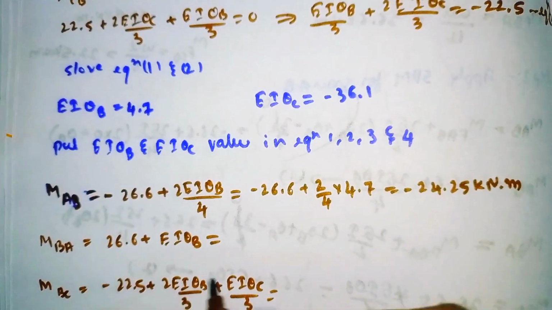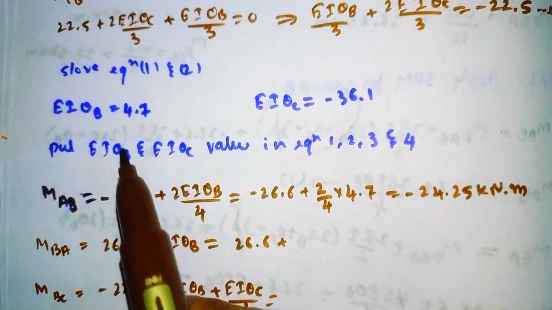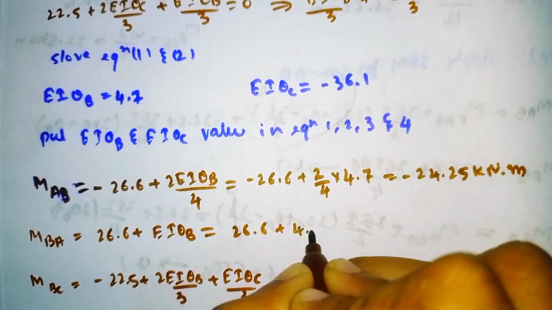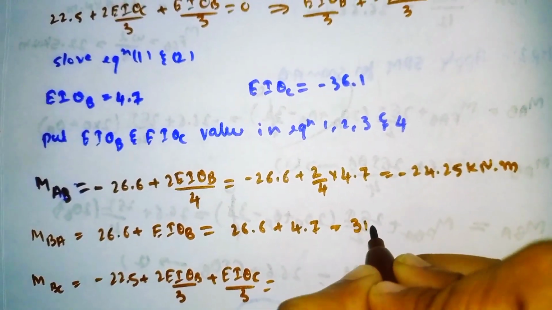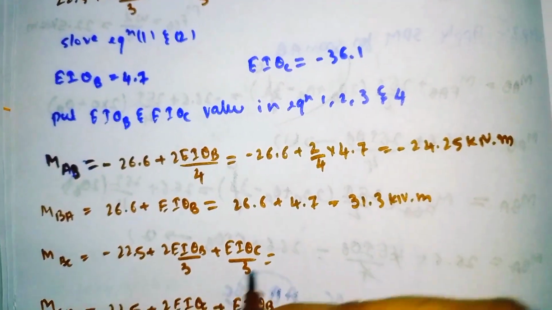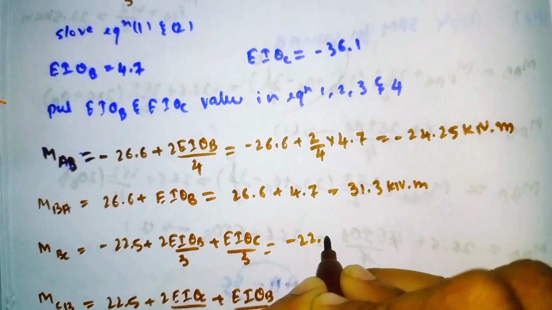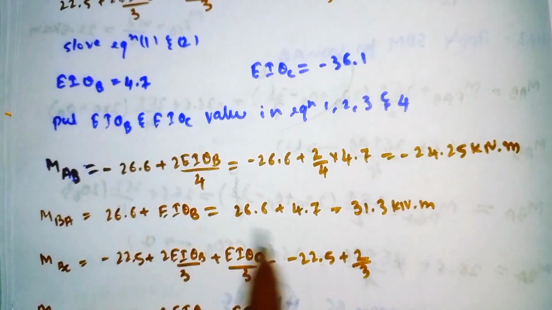Similarly for MBA, 26.6 plus EI theta B, the value we got was 4.7. Simplified, it will come out as 31.3 kilonewton meter.